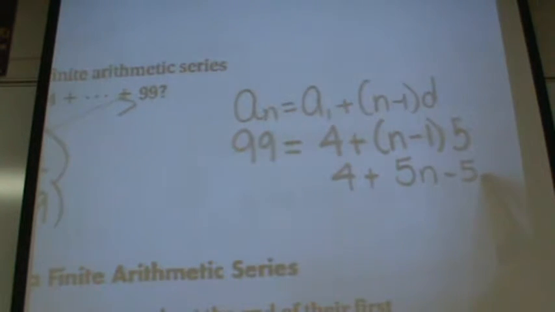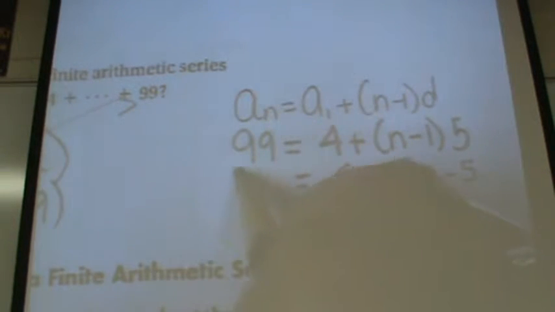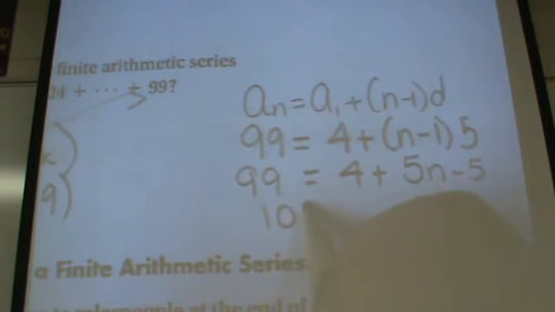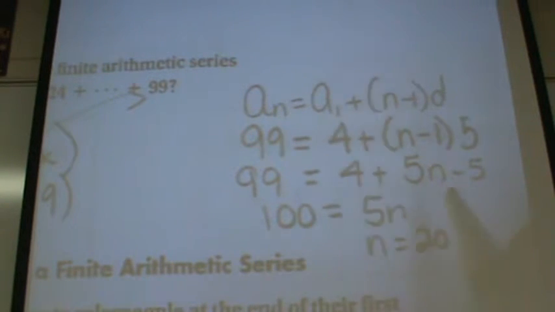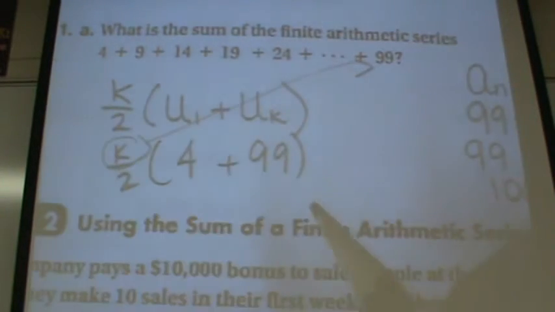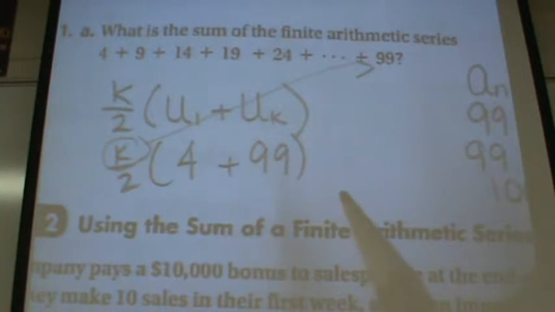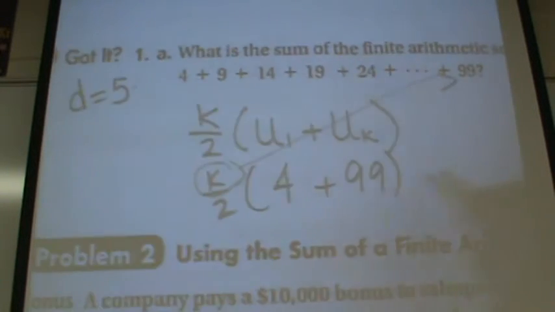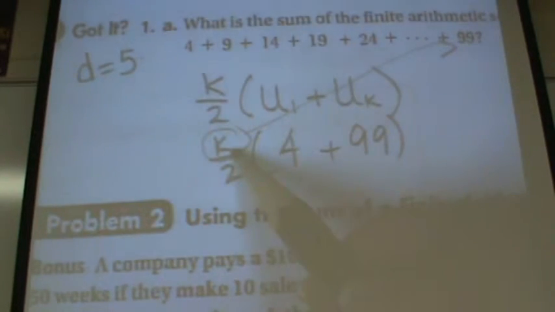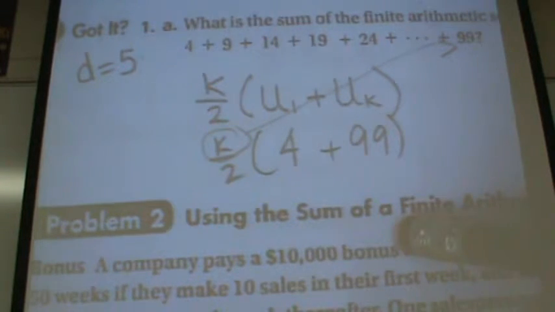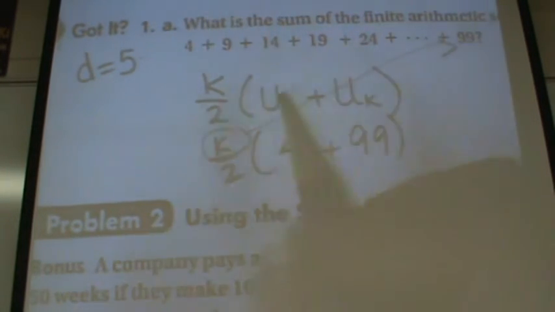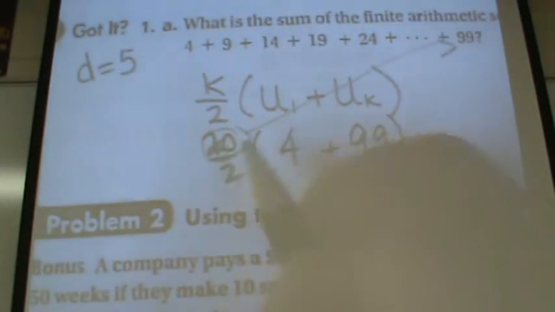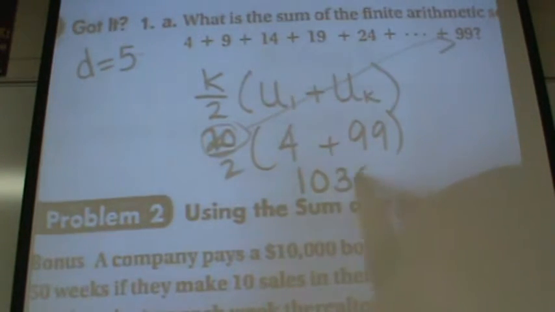Add these up, you get negative 1, so add 1, you get 100. 100 equals 5n, and then divide, n is 20. So that's what k is. 99 is the 20th term. So put a 20 here and do the math. You should get 1,030 as the sum.